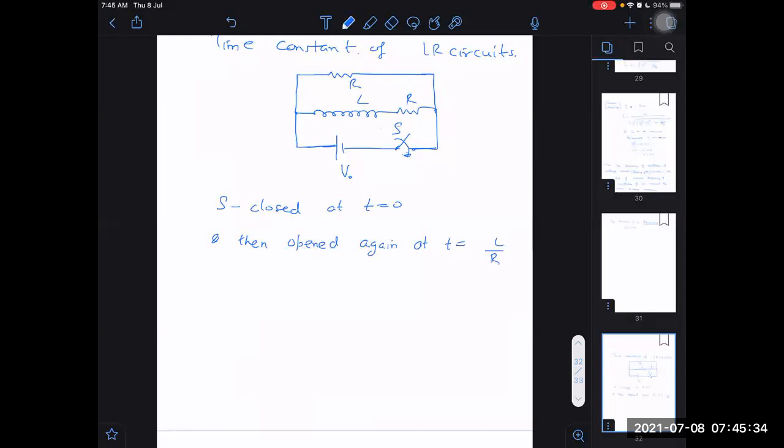We have to plot the current through the inductor versus time graph.